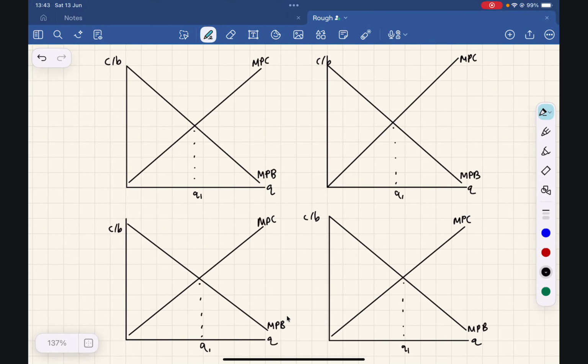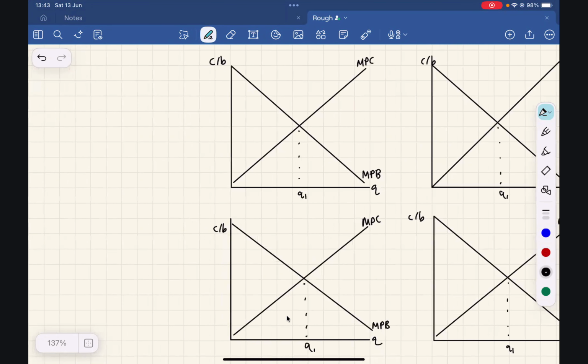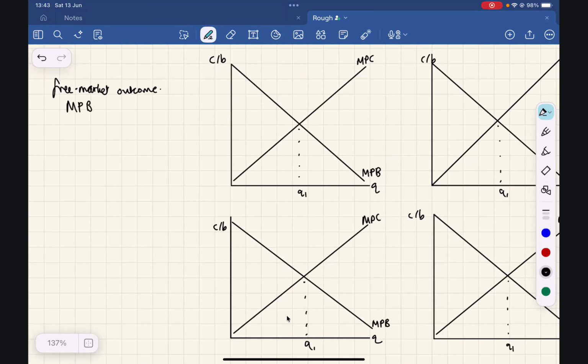In a free market where we don't consider society, we only consider the buyer and the seller, they are going to produce and consume at the point Q1 where MPC equals MPB. So in a free market, the outcome is always the quantity where MPB equals MPC. This maximizes the welfare of the buyer and the seller.